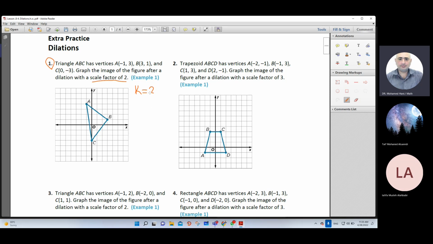As you see, k equals 2 is greater than 1. When the scale factor is greater than 1, who can remind us, what is the dilation here? Enlarge or reduce?